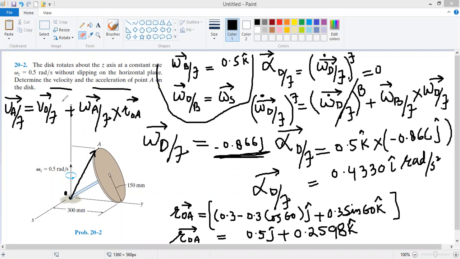Fine. Now velocity of O with respect to ground is equal to 0 because this point always is at rest. Okay, O is always at rest.